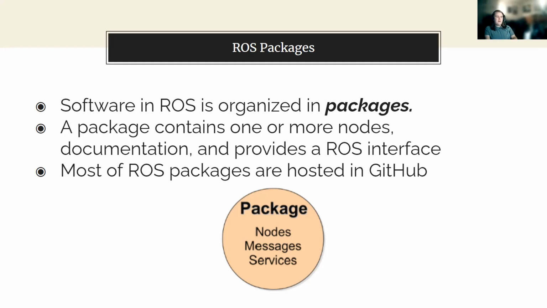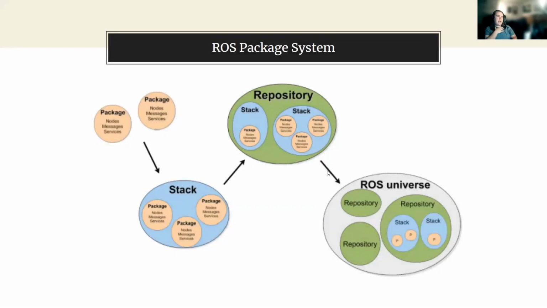Because nodes do very specific things. Like a node might be controlling one motor, or maybe even just taking some kind of motor input and sending it to the hardware. A package will encapsulate those nodes at a little bit higher level than that. And this is the ROS system for how it works. You might see these terms a lot, right? So a stack is a collection of packages.